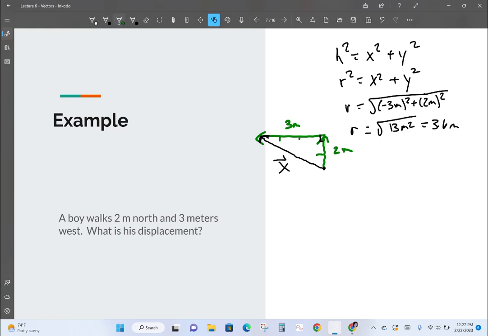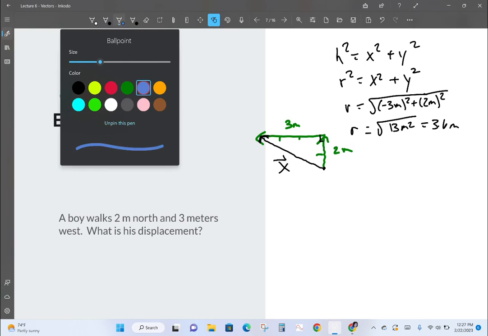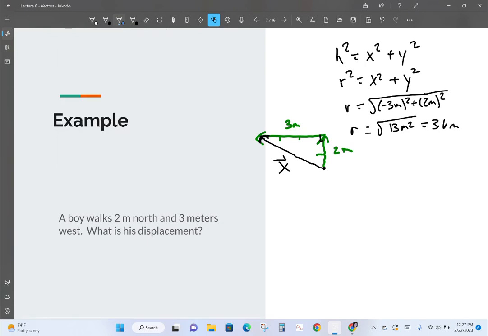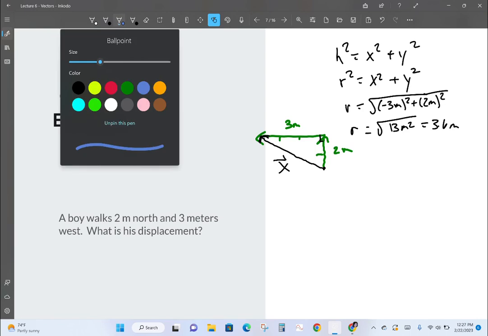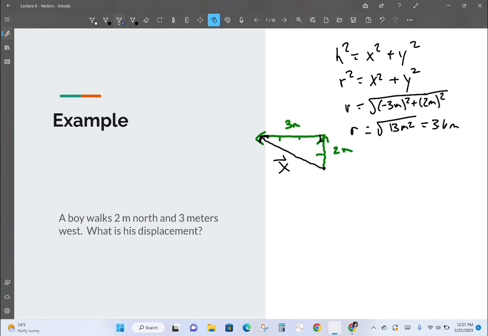Well, let's put this on an axis. I'm going to draw in the XY axis right at where I started from as the origin. So I started here and I ended up over here, 3.6 meters.